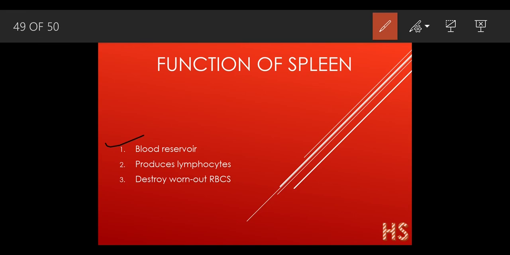Suppose in any medical emergency, a person met with a major accident, at that period of time he loses too much blood from his body. When the person loses too much blood, the person should die, but he often survives the operation or the surgeries. Okay, because the excess amount of blood is stored in the spleen only, and this excess blood stored in the spleen helps during this emergency or major accident situation.